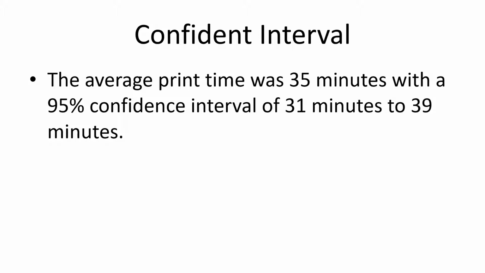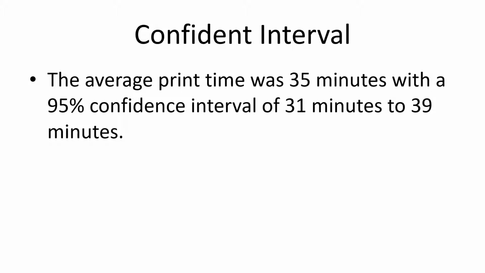So although the printer speed was a little bit slow, we do know that on the higher end, we could go up to 40 minutes. On average, you're looking at 35 minutes, and the best possible result we can look at is 31, and they're all higher than the stated 30 minutes or less by the manufacturer.